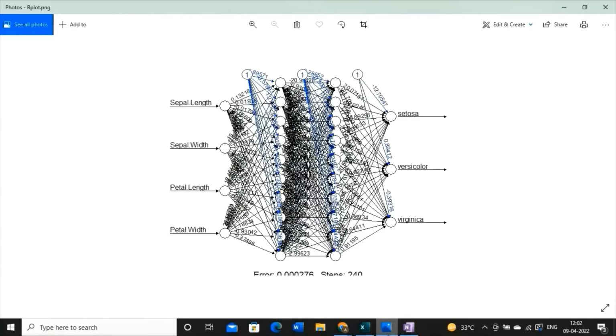This thing we have to understand. So we will try to mathematically find out the significance of these activation functions, and then we will try to apply them for designing any neural network.